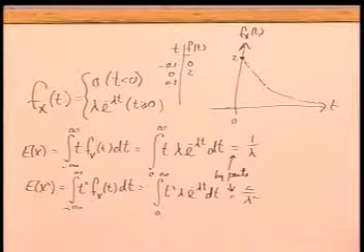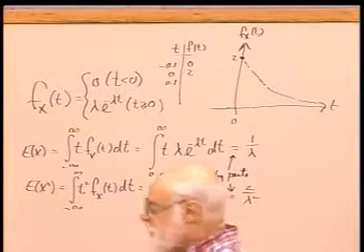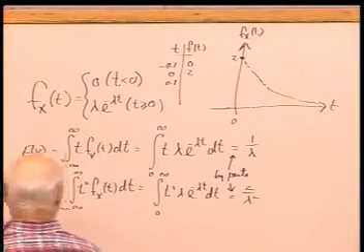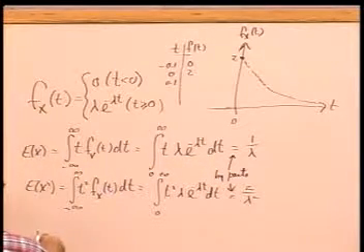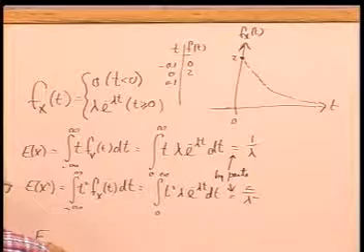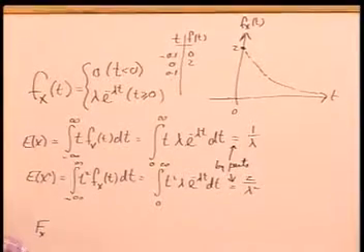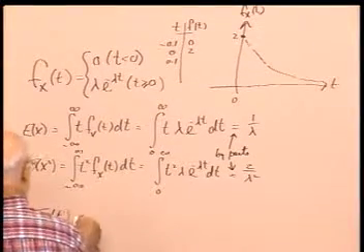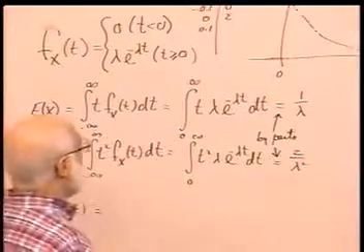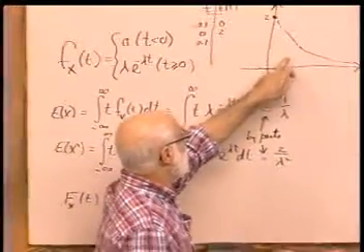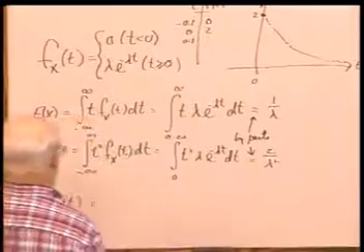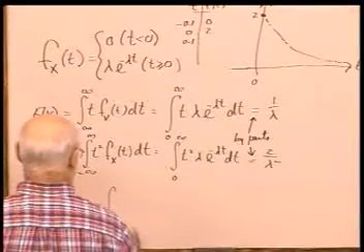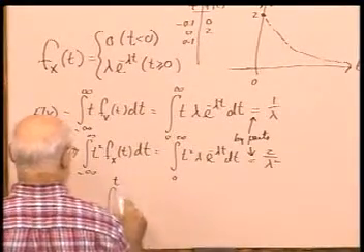Okay, so I did that last time. Then it asks you to calculate the distribution function. So the distribution function, the convention is that's called capital F. And by definition, it's the area under little f between minus infinity and t. So this is the integral from minus infinity to t of little f.